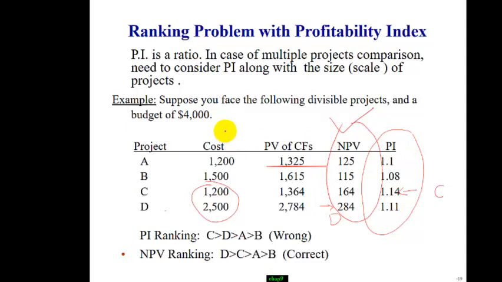Think about this: a $100 investment versus a $1 million investment. It matters. Even if your per-dollar basis is higher, maybe it's only a very small project. This explains exactly why D is better: D is double the size, so the total amount in NPV is actually higher.